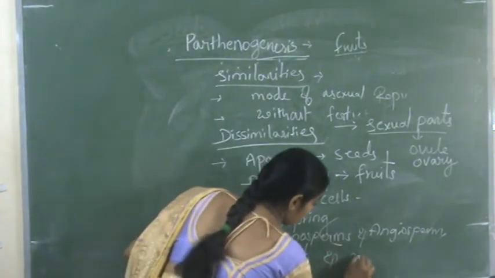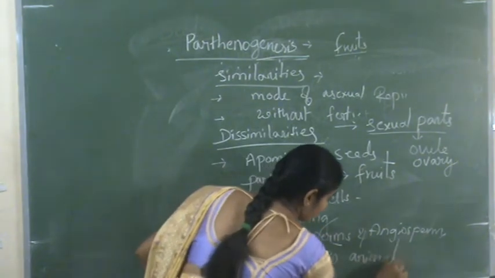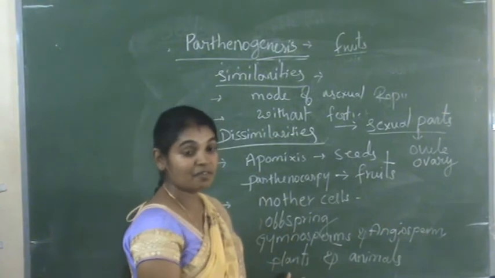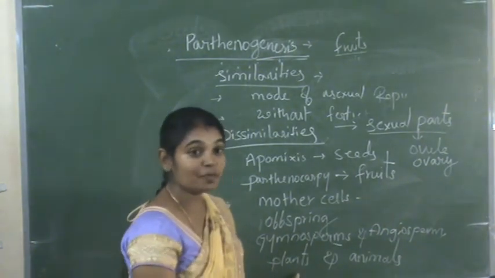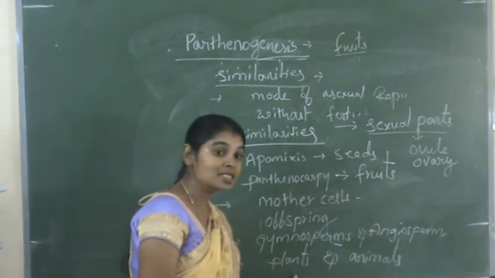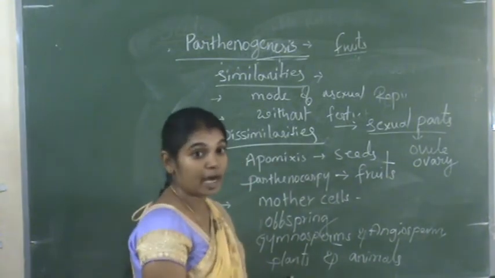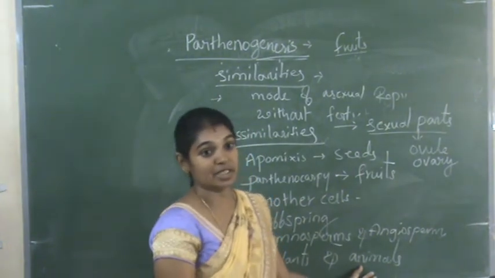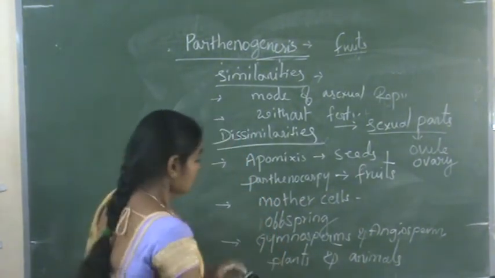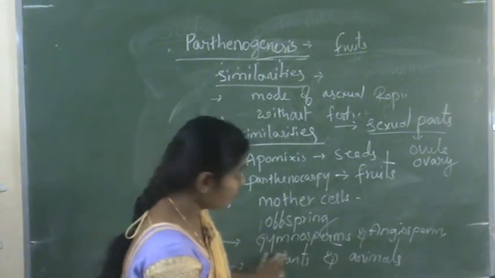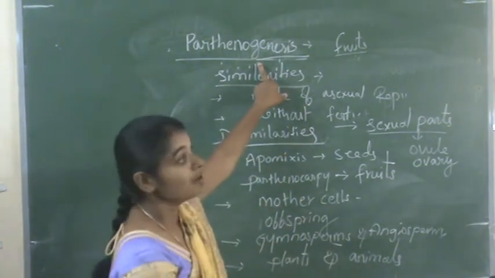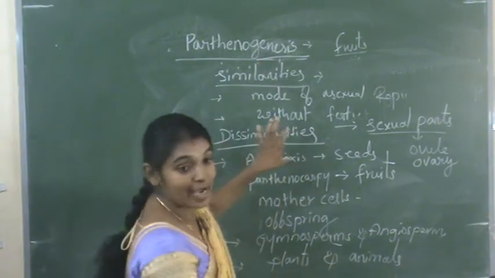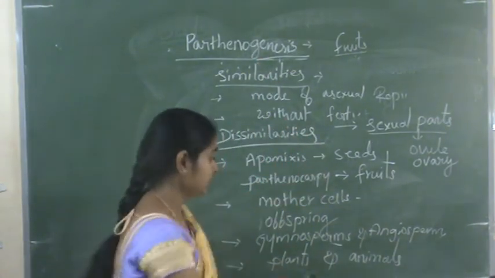But the difference is that the formation of fruits without fertilization in plants is called parthenocarpy, while in animals it is known as parthenogenesis. So these two are the important aspects which we have to remember.